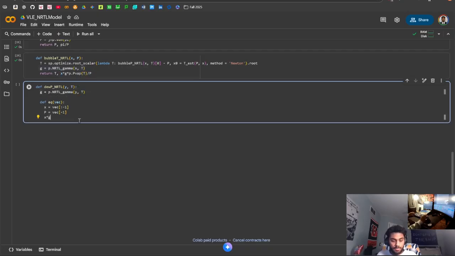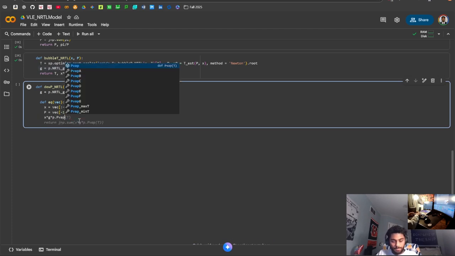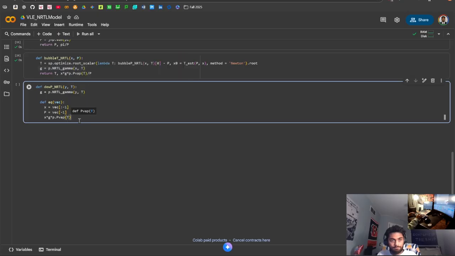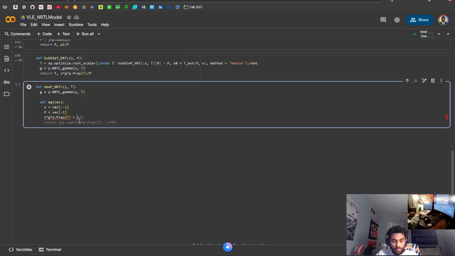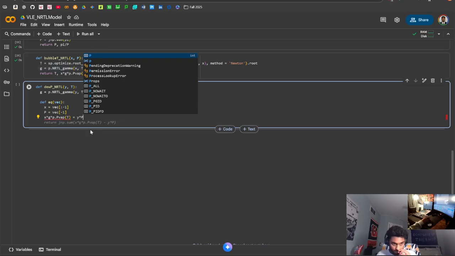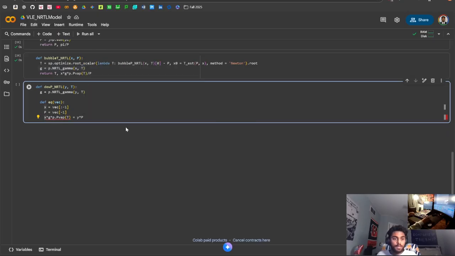So our x times our gamma times our p dot p vat of temperature equals our y times p. And so basically this minus that is going to be our target function.